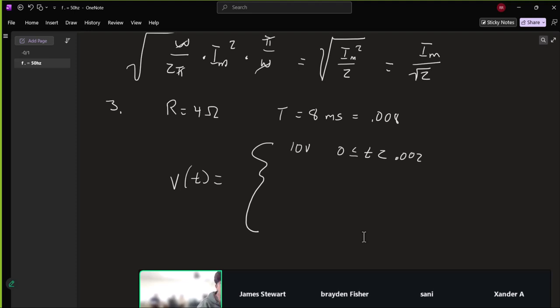Okay, so we had 10 volts from 0 to 2 milliseconds, 0 from 2 milliseconds to 4 milliseconds, -5 from 4 milliseconds to 6 milliseconds, and 0 from 6 to 8.